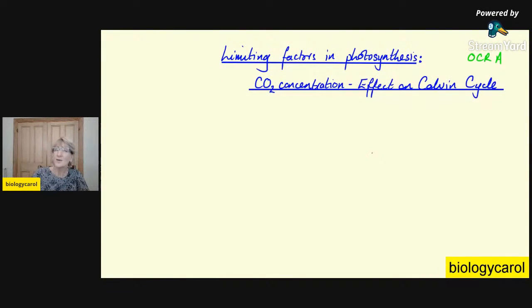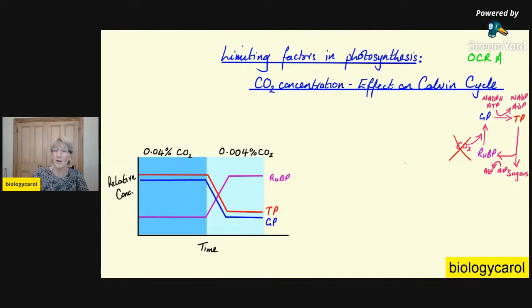So the effect on the Calvin cycle. Well, clearly, if there is no carbon dioxide or very much reduced carbon dioxide being fed into the Calvin cycle, I'm hoping that you can see that there's going to be a reduced production of GP, because carbon dioxide has to react with ribulose bisphosphate to make GP.